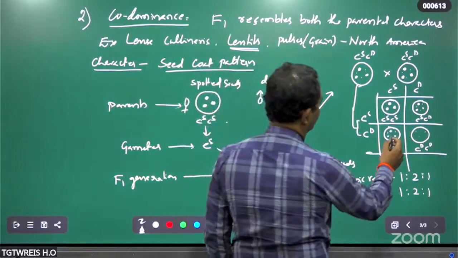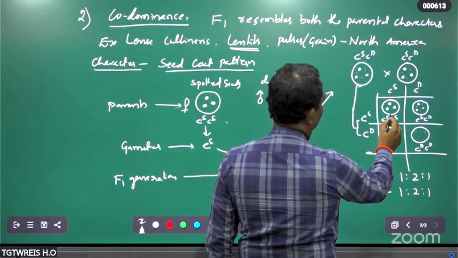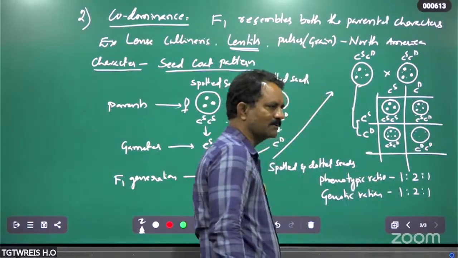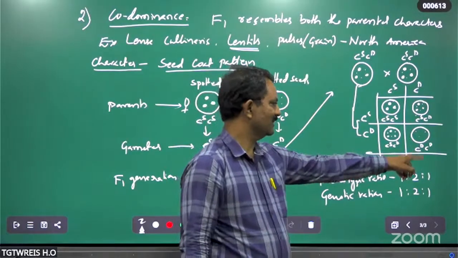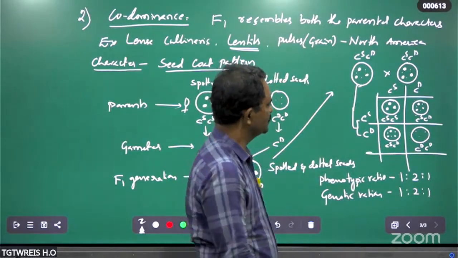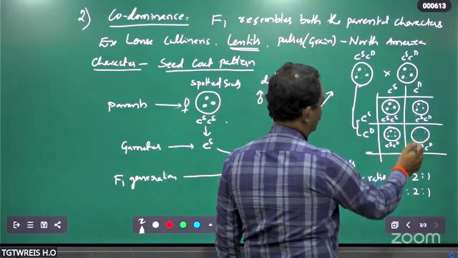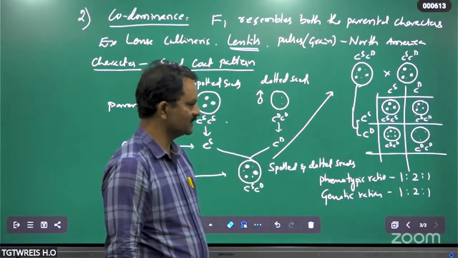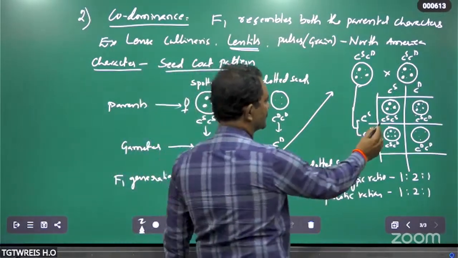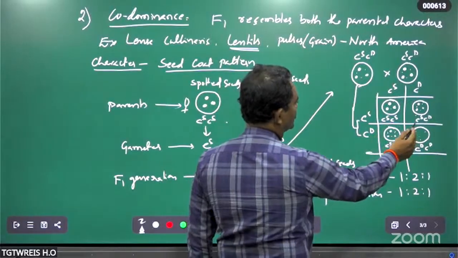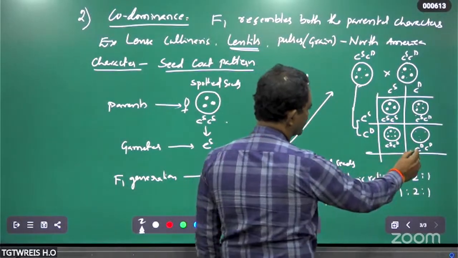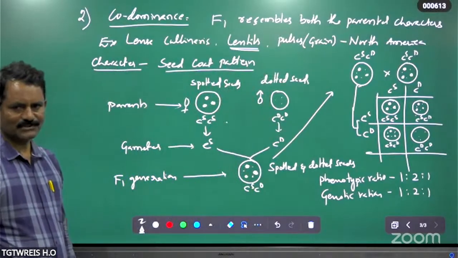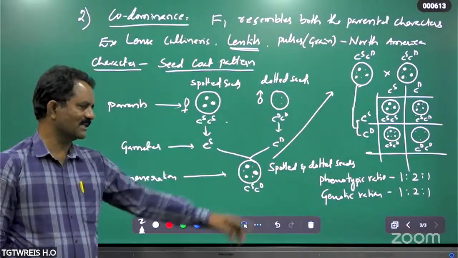One is the spotted seeded plant, two are spotted and dotted seeds plants, and one is only dotted seed plant. The genotype is CSCS is one plant, CSCD are two plants, CDCD is one plant. So both the phenotypic ratio as well as the genotypic ratio are same.